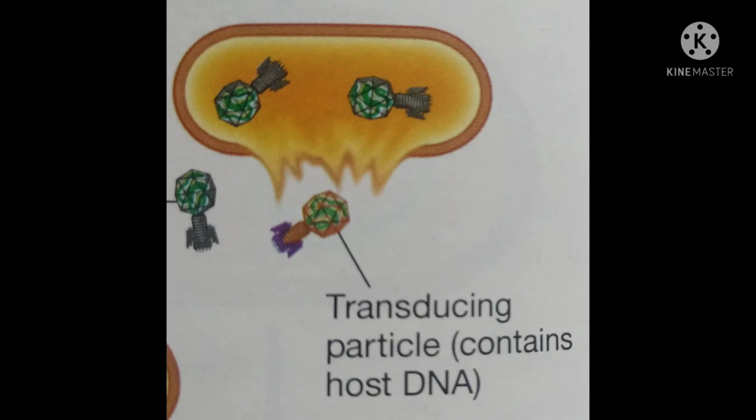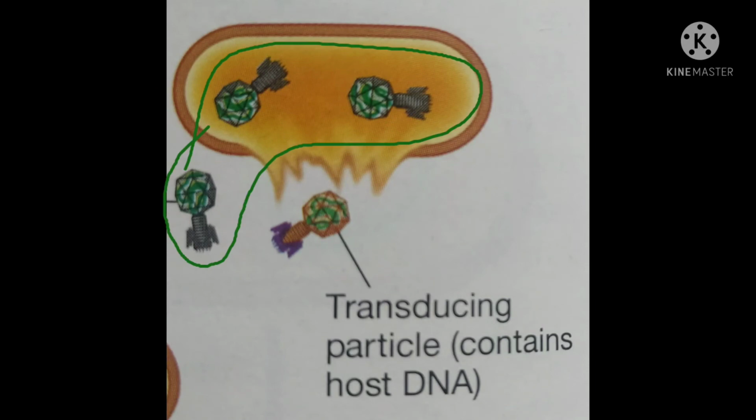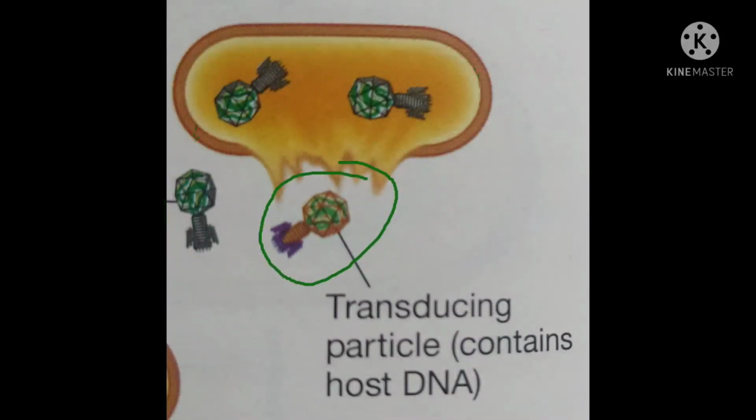One type contains the phage genome in their head. Another type was mistakenly packed with a fraction of the bacterial or host cell genome. So they are known as transducing particles. They contain the host cell or bacterial cell DNA.